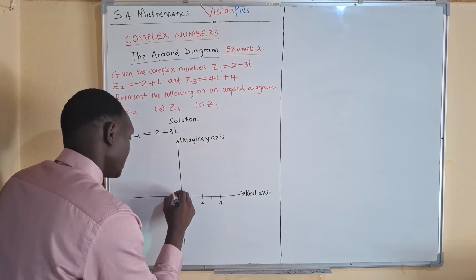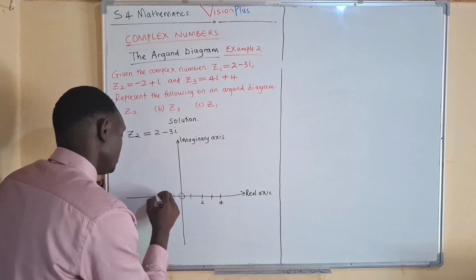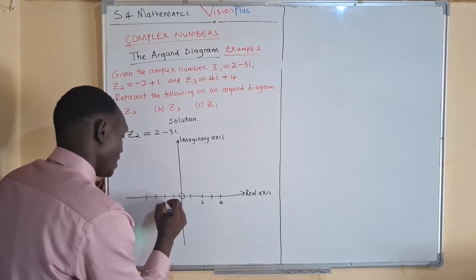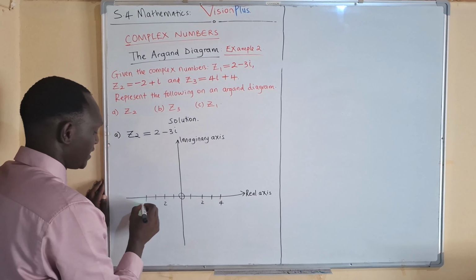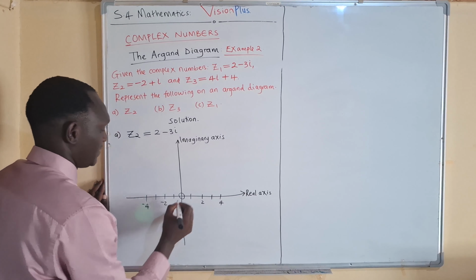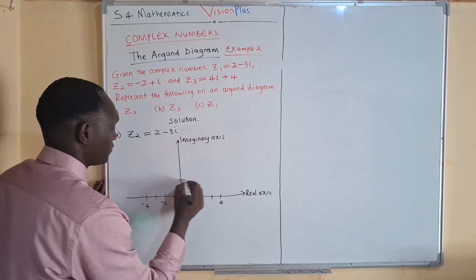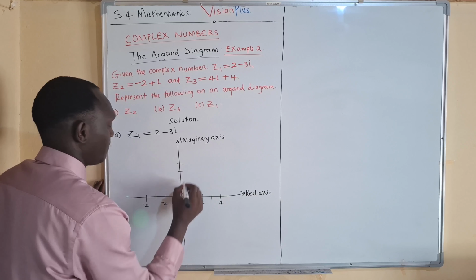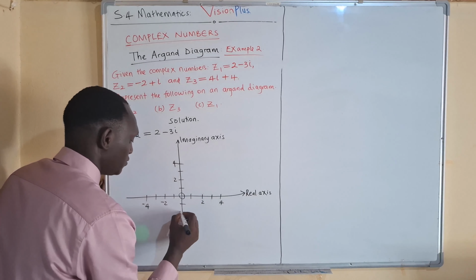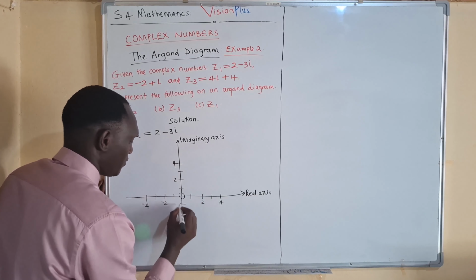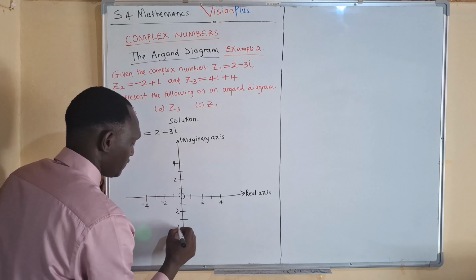Then I come and mark here again 1, 2, 3, 4. But this is the negative side of the real axis. Then you come up 1, 2, 3, 4, and down 1, 2, 3, 4.